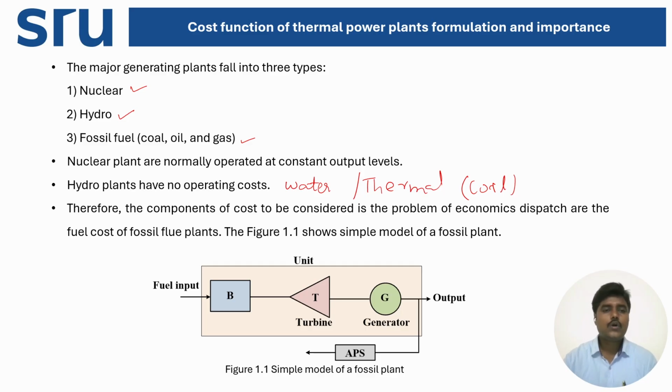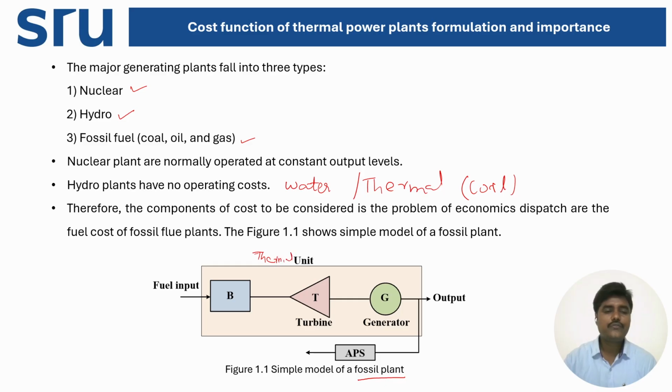Therefore, the component of cost to be considered in the problem of economic dispatch is the fuel cost of all the fossil fuel plants. Here you can see figure 1.1, which represents a simple model of a fossil plant. You can think of this as a thermal power plant, or as one of the thermal units.